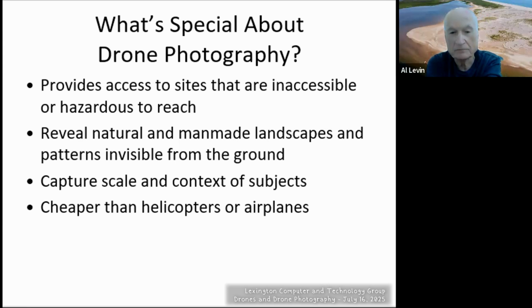Just amazing. You get a sense of scale or context. You're interested in an object, but you get context and scale for seeing what's around the object. And obviously, it's cheaper to fly a drone than to hire a helicopter or an airplane.